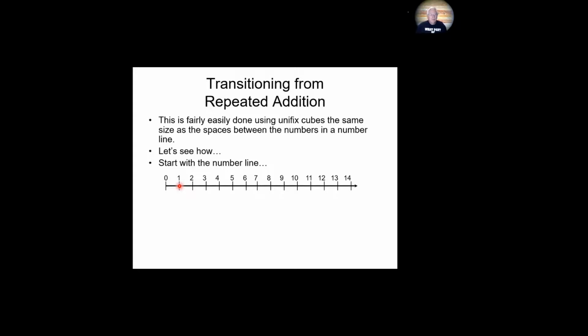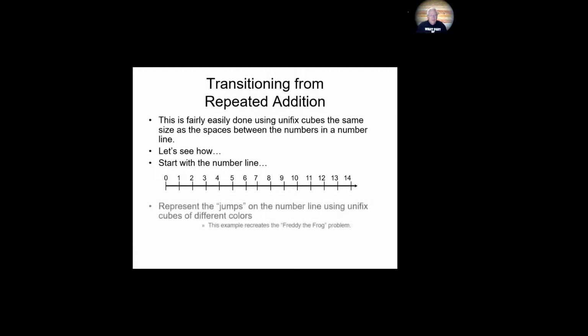You'll have the English units of inches, and then you'll also have the centimeters. And the beautiful thing about Dienes blocks is that each of the unit cubes is 1 centimeter. So if we're using a 1 centimeter ruler in terms of representing our number line, then the centimeter cube will fit right here. So one of the cubes would fit right in there. This is going to prove to be really helpful for us.